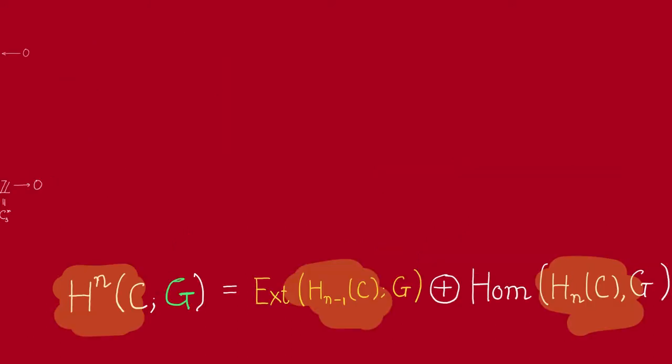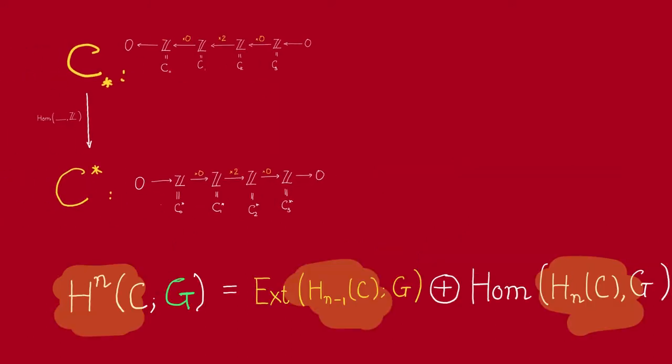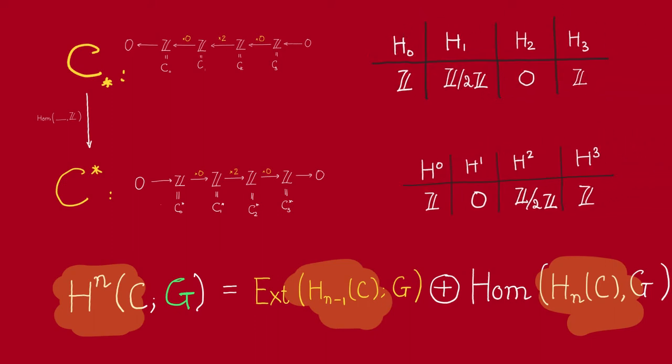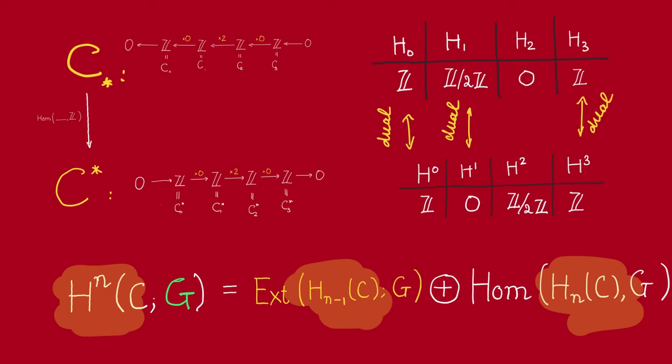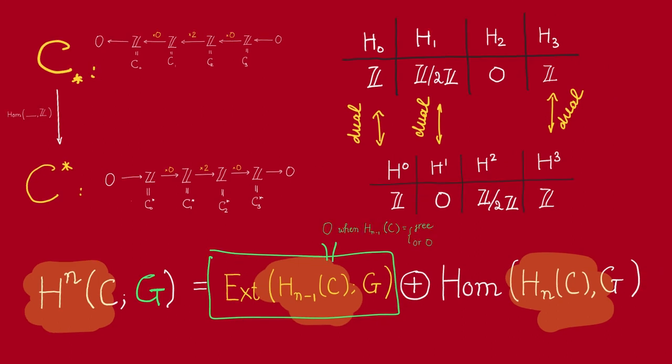Now, if we look back at our previous example, and compare the homology of this chain complex C with the cohomology of its dual cochain complex, then we see that these homology and cohomology groups are dual in degrees 0, 1, and 3. The reason is that in those cases, this term vanishes. More generally, this term here vanishes when this n-1 homology group is free or 0.